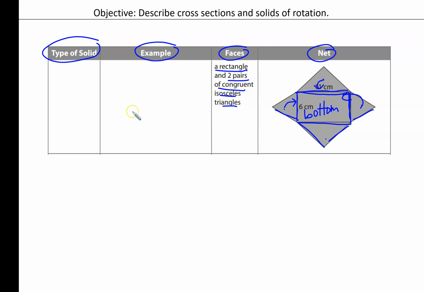So what I would do here is start by drawing my rectangular base in perspective, which means that it's going to look more like a parallelogram, like so. And then I'm going to make a point up here.